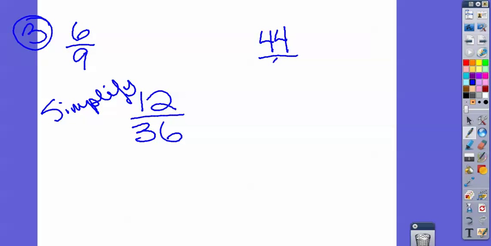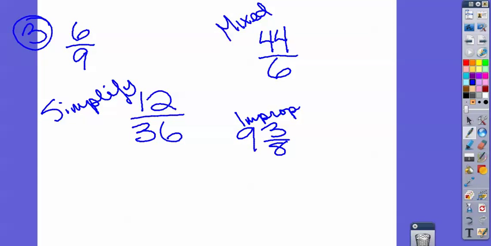I'd like you to take 42 over 6, and I want you to make this into a mixed number. And I'd like you to take 9 3/8, and I want you to turn this into an improper fraction. So we'll go ahead and check these tomorrow, and have a good day.